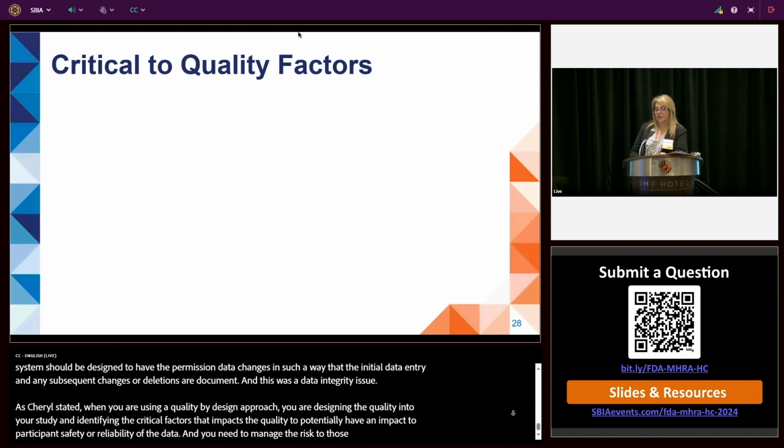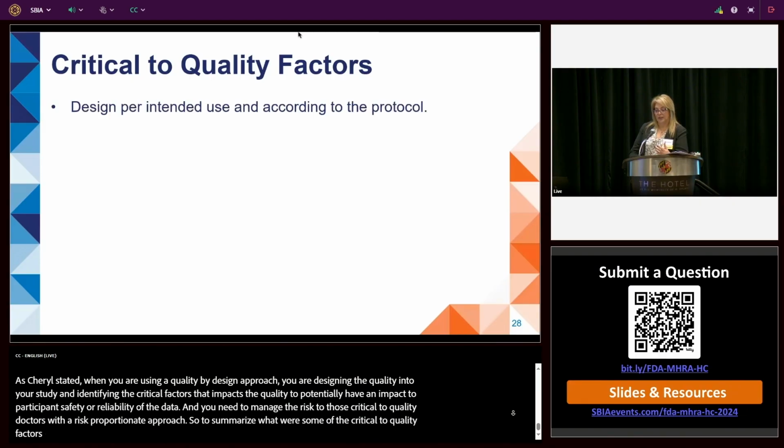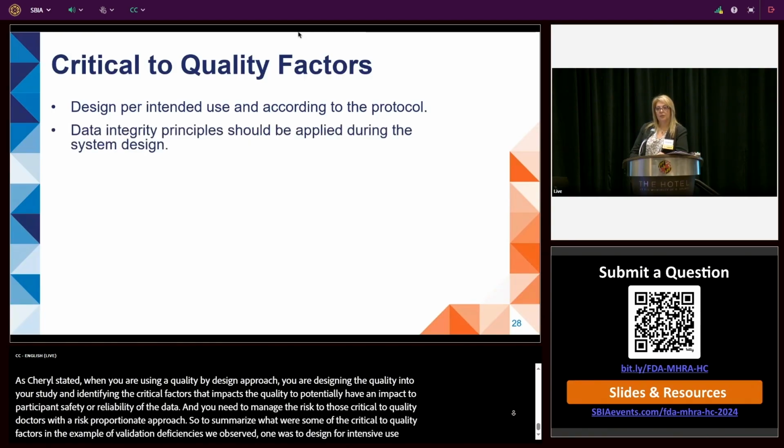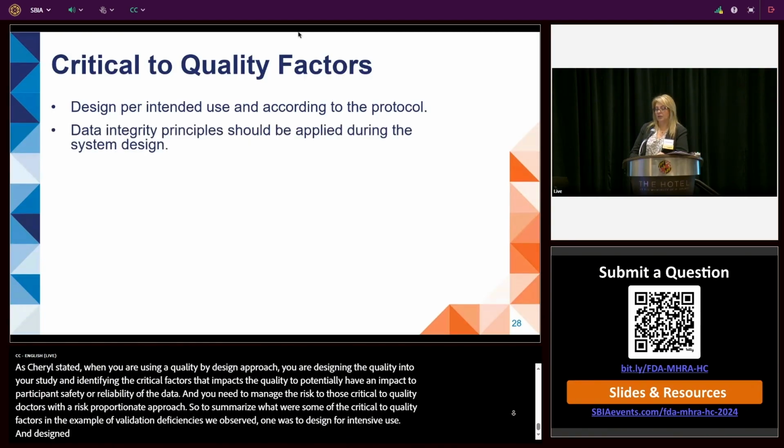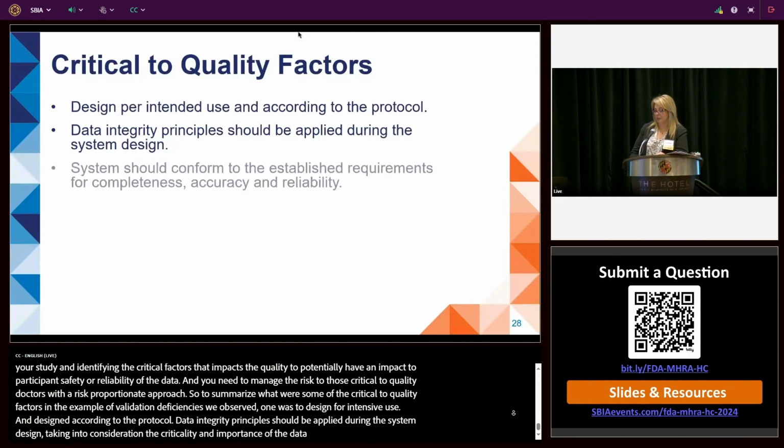So to summarize, what were some of the critical-to-quality factors in the examples of validation deficiencies we observed? One was to design per intended use and according to the protocol. Data integrity principles should apply during the system design, taking into consideration the criticality and importance of the data being generated, maintained, and retained in the data system.